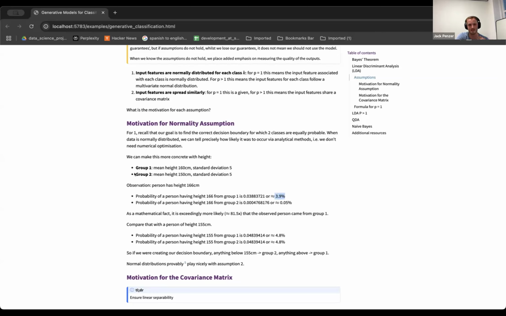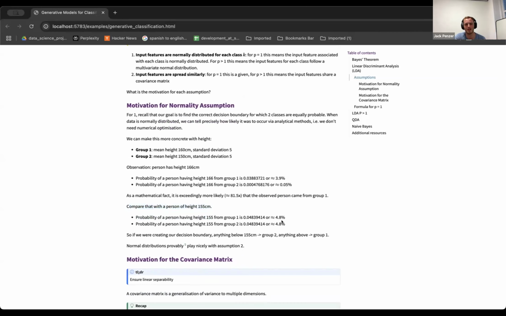Contrast that with a person who's right in between the two groups' means: then it becomes equally probable that they're in either group. In the LDA, that's where your linear decision boundary is going to be, exactly 155 centimeters. Anything lower, you assign to group 2; anything higher, you assign to group 1. Very easy to calculate.